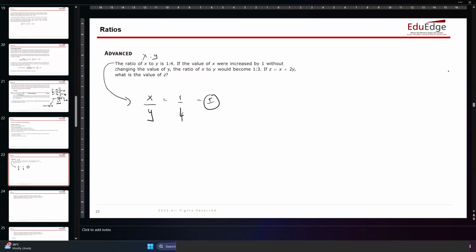Now the second statement reads, if the value of x were increased by 1 without changing the value of y, so the denominator remains the same, the ratio of x to y would become 1:3. So this ratio changes. So this is equation number 2.